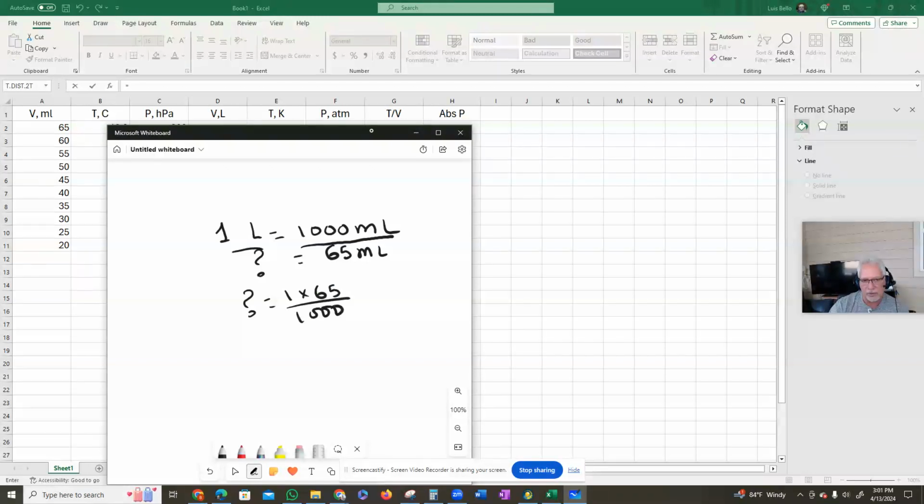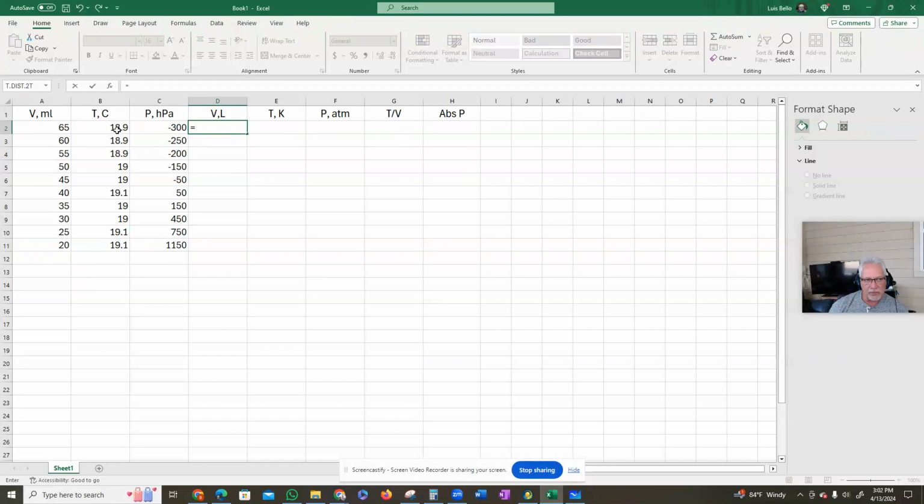I'm not going to use the unit in Excel because it's already posted on top. Going back to Excel, I'm going to do the following: 65 divided by 1,000. And then I don't need to do the typing again for the formula. What I can do is drag my formula.